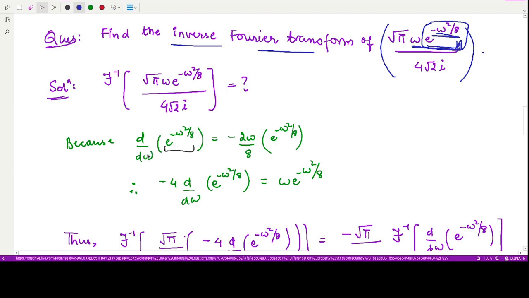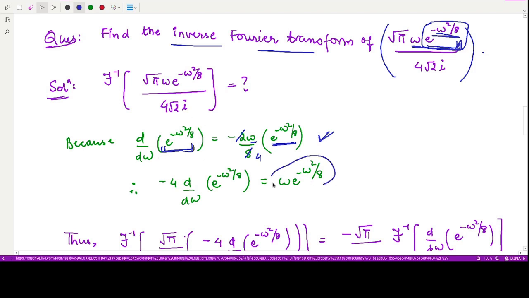So that is what we are doing here. When you perform the derivative of this term, you will end up with this term. So what is this? This is by 4. So you can replace omega into e to the power minus omega square by 8 as equal to minus 4 into d by d omega of this whole thing, right?